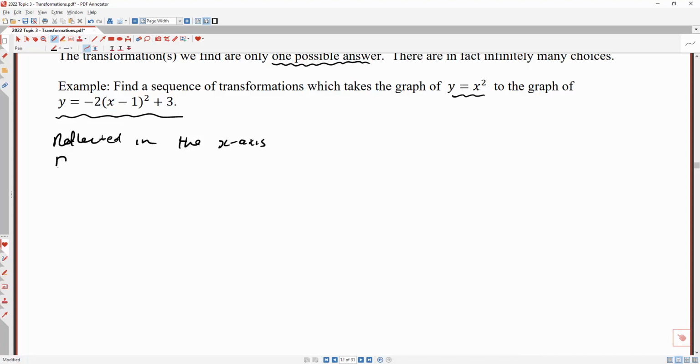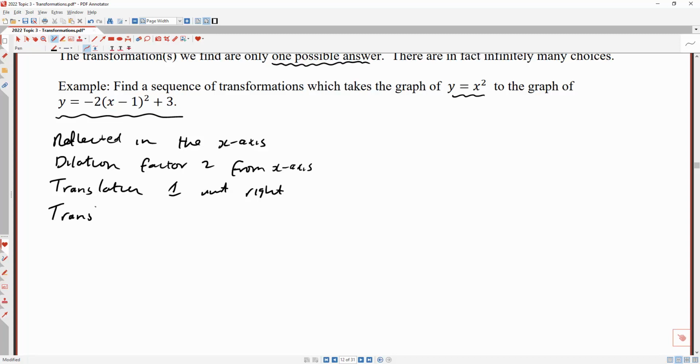This 2 means we have a dilation factor 2 from the x-axis. This is a translation 1 unit right. And finally what we've got is a translation 3 units up.